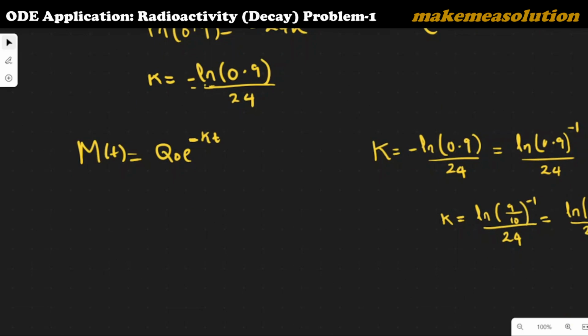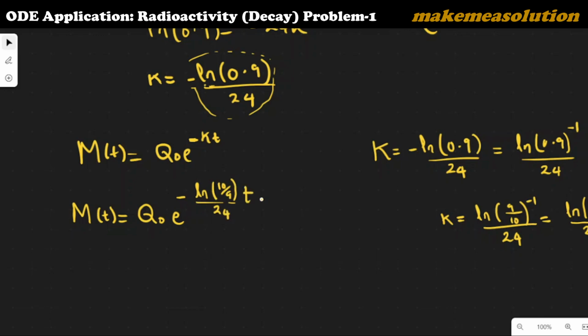You can do it like that for your own, but I feel the minus sign makes it look like a decay equation. So you have q naught and exponential minus ln 10 over 9 divided by 24, and don't forget to put your t.